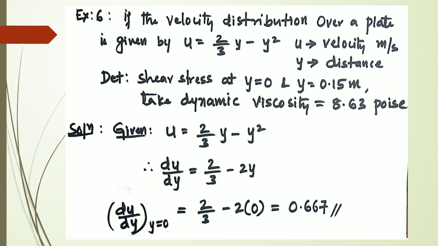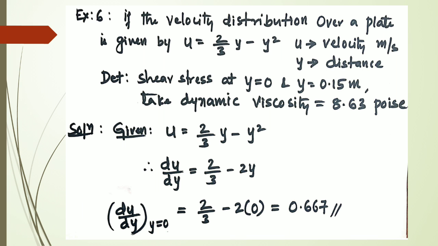Fine. The velocity distribution over a plate is given by u is equal to 2 by 3 y minus y square, where u is the velocity in meters per second and y is the distance. Determine the shear stress at y is equal to 0 and y is equal to 0.15.